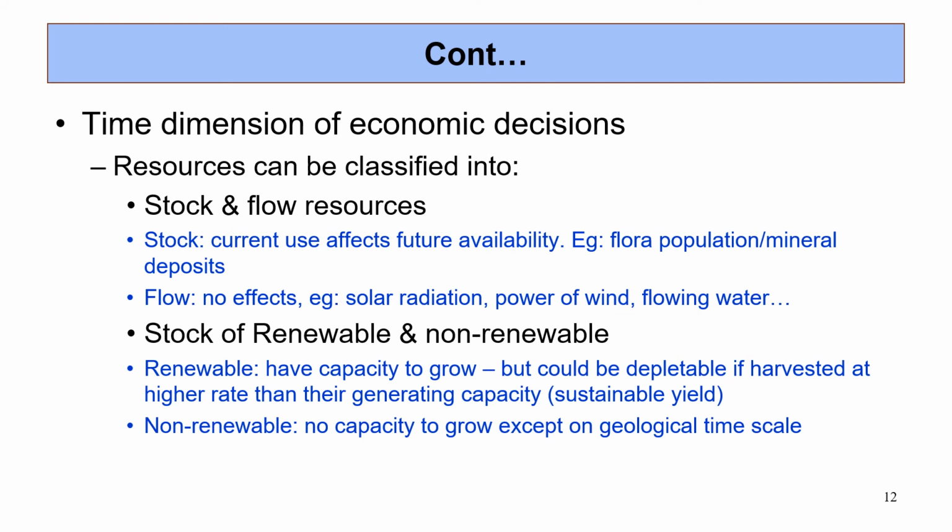Because if we manage the non-renewable stock at a growing rate which is not sustainable, the future generation will suffer because of our current decision making. So we have to think, are we dealing with stock or flow? Are we dealing with renewable stocks? Are we dealing with non-renewable stock? Because it has a time dimension, or it has time consequences. Okay.